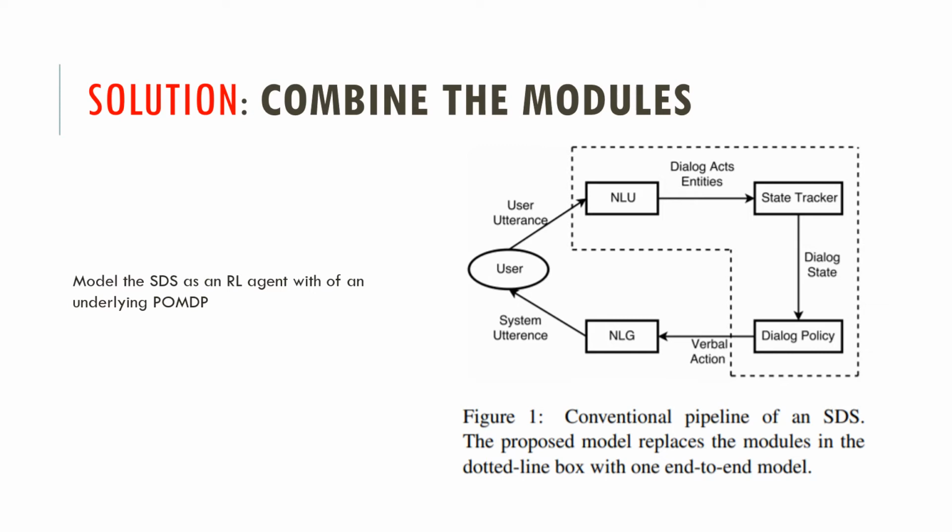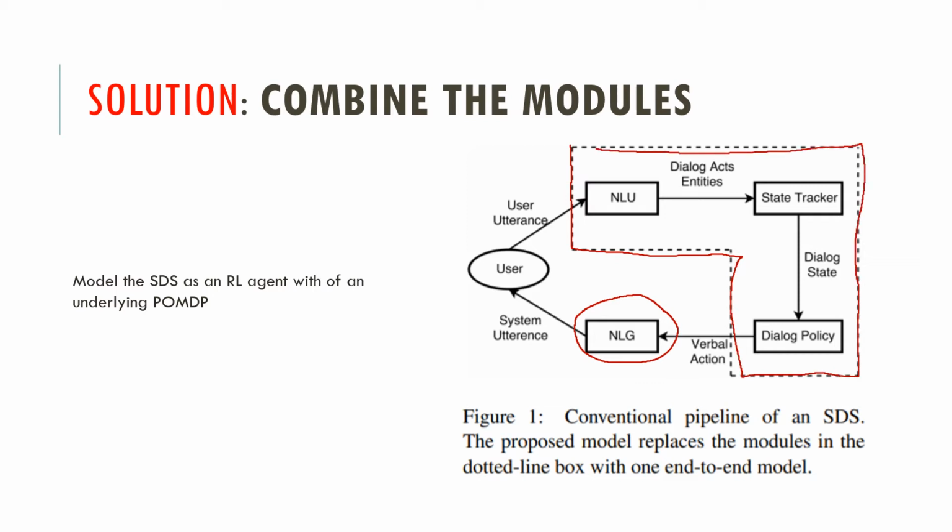So the authors propose, as a solution to both these problems, to combine the modules into one module and to use reinforcement learning in order to achieve this. They're not going to be too concerned with the natural language generation. What they're interested in is combining the natural language understanding, the state tracker, and the dialogue policy. Everything in this box here.